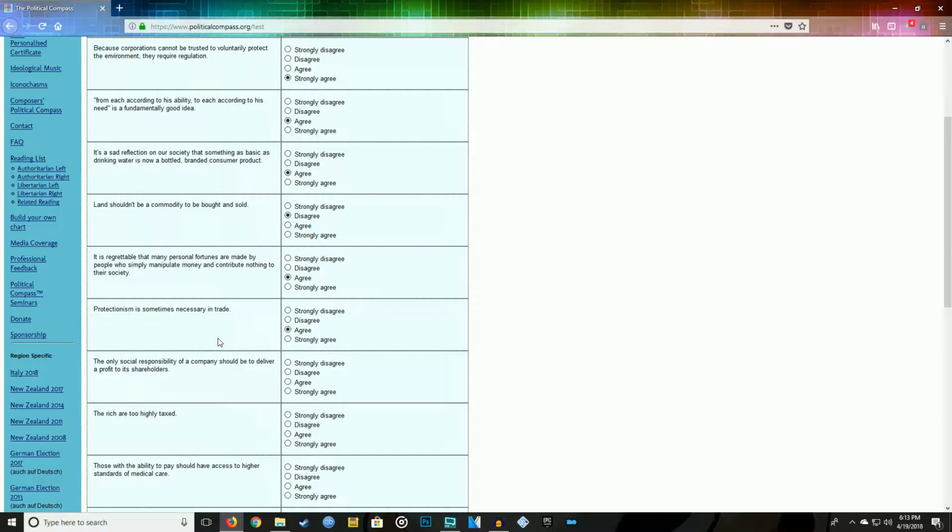The only social responsibility of a company should be to deliver a profit to its shareholders. Strongly disagree. You're not just working for your shareholders. You have a business. It would be beneficial to take care of your employees, and the reason is that studies have shown that when employees are happy, the company thrives.